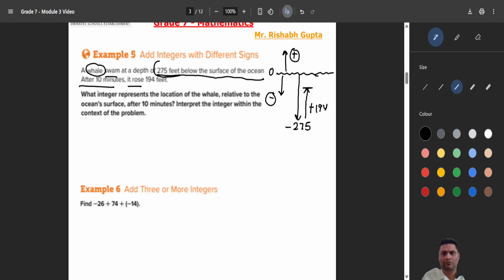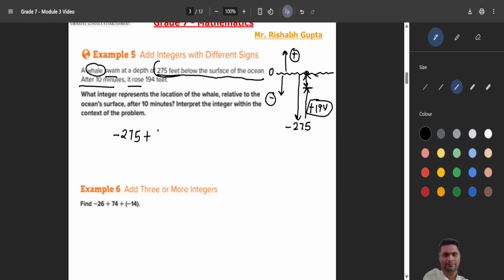Now he's saying from the surface of the ocean, what is the height of the whale? He needs this much. So we have to solve this now. Initially the location of my whale was minus 275, correct? Now I want to add both the locations and get the final location. What is the second location?